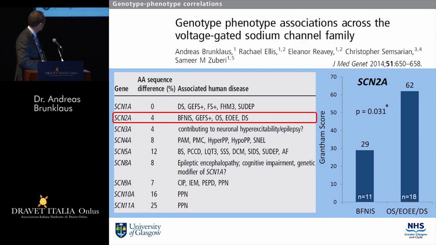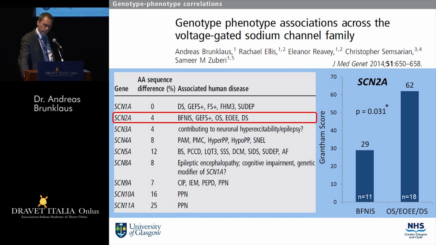There were 11 cases of benign familial neonatal seizures, and of the more severe phenotypes, Ohtahara syndrome and early epileptic encephalopathy. What we found is that the Grantham score was clearly different. The amino acid change in the benign phenotype was significantly lower compared to the more severe phenotypes. And I think Holger is later presenting some functional data also to show some differences. So this is clearly an interesting observation across this cohort.